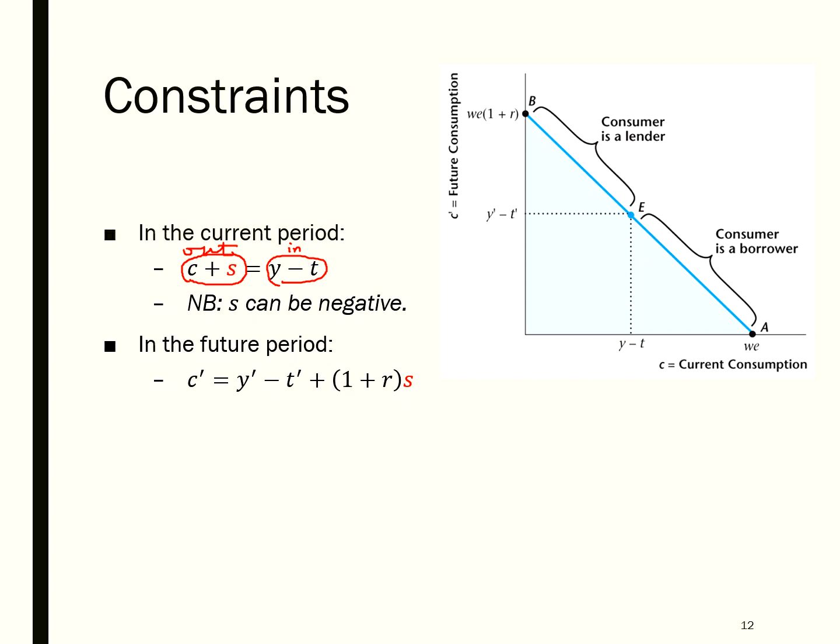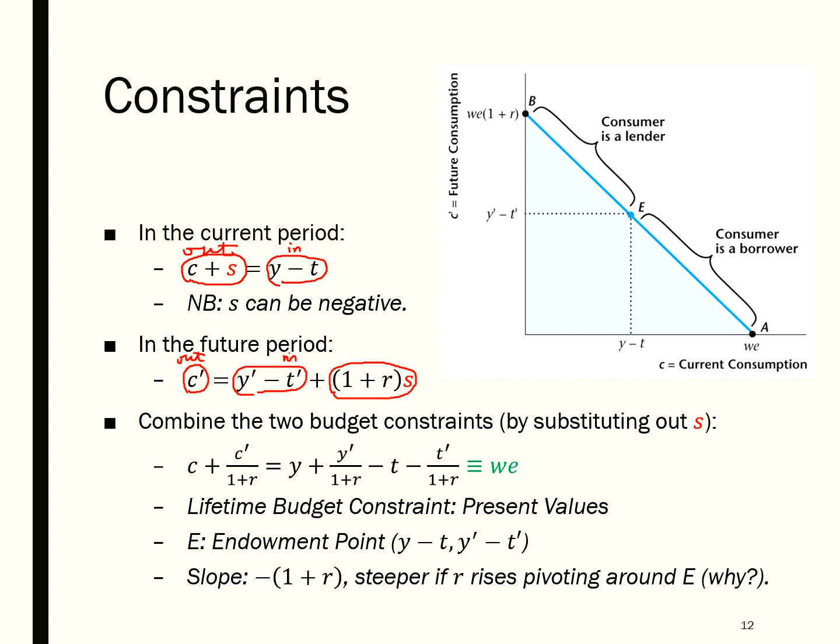To see the graphical intuition, we can combine the two budget constraints by substituting out the common term, the savings S. This step is simple. Express S by the rest of the first equation, and then replace the S term in the second equation. After some algebra, you will be able to rewrite the combined condition in this form.